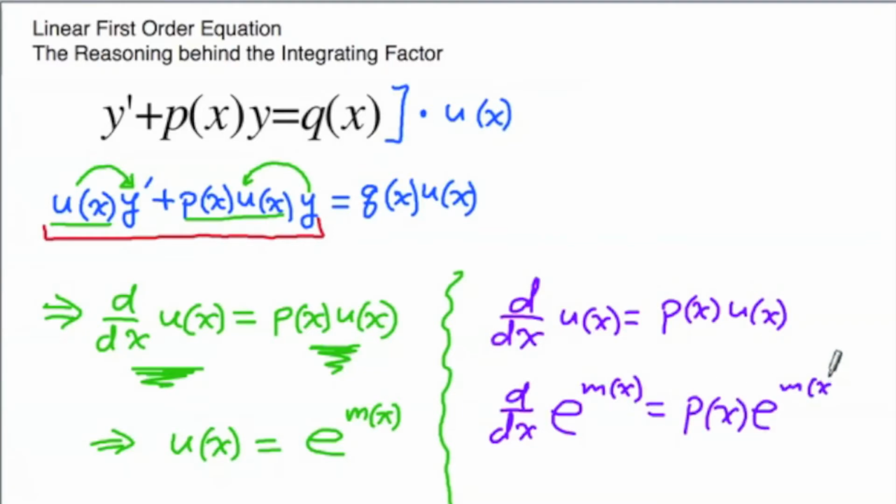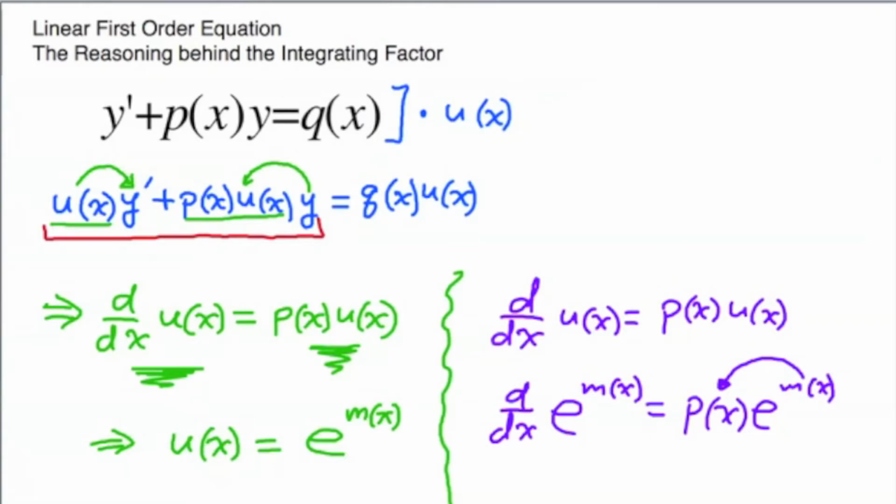Probably getting a little wordy here now, there's a lot of implications in this statement. The derivative of this side is the derivative of the power times the original function. So that pretty much means that the derivative of m of x must be p of x.